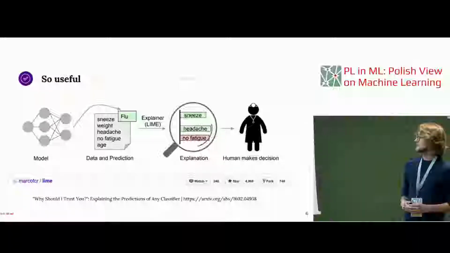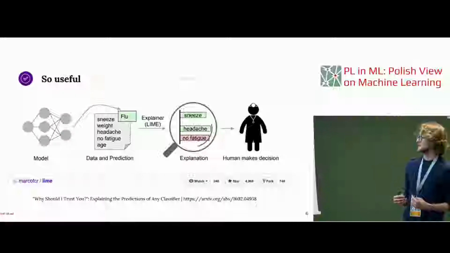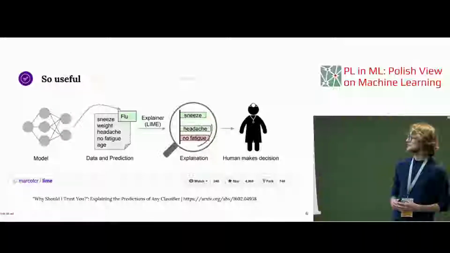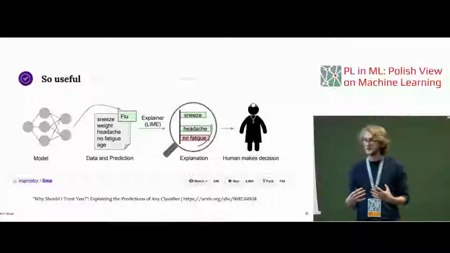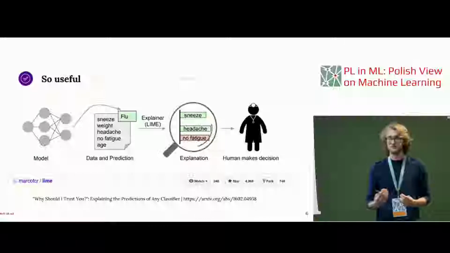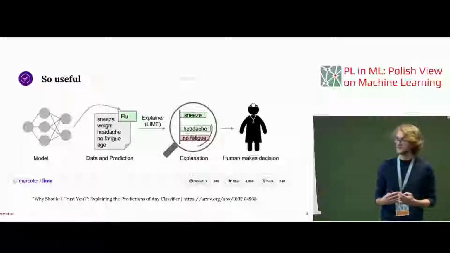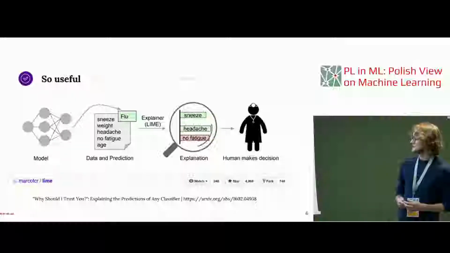So if we have a patient that has some features such as weight, age, headache, sneeze, and we can realize which features were the most important ones, then it gives the doctor trust in the model so that he can accept the output or not accept the decision.